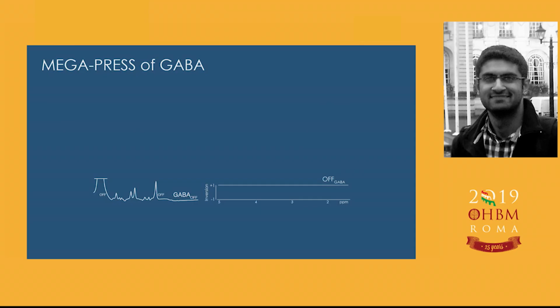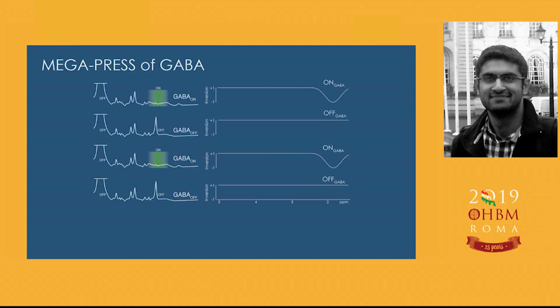So how do we perform MEGA-PRESS editing? It largely involves 2 steps. The first step is where you do not apply an editing pulse, hence the edit-off step. The second step is where you apply the editing pulse during the localization sequence. So you start with the edit-off step. You do not apply any editing pulse, and you end up getting a conventional MR spectrum. In the second step, you apply the editing pulse, here at 1.9 ppm. Because of its closeness to NAA in frequency, you end up saturating the NAA signal.